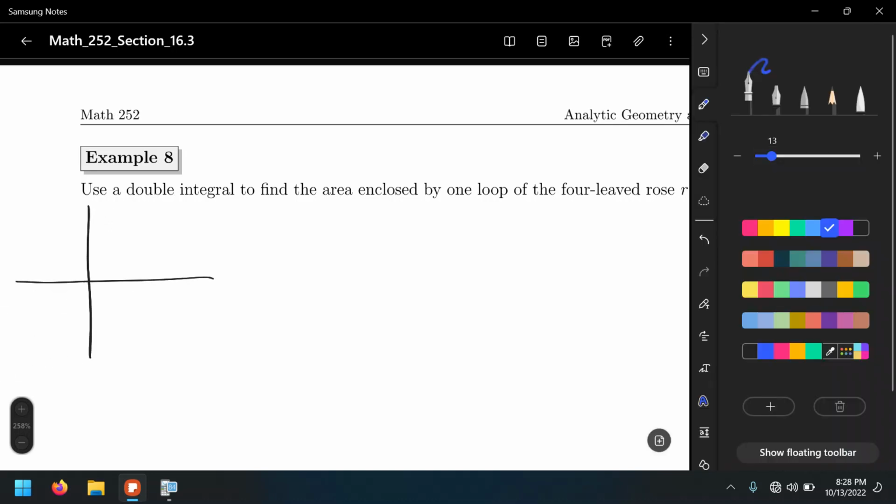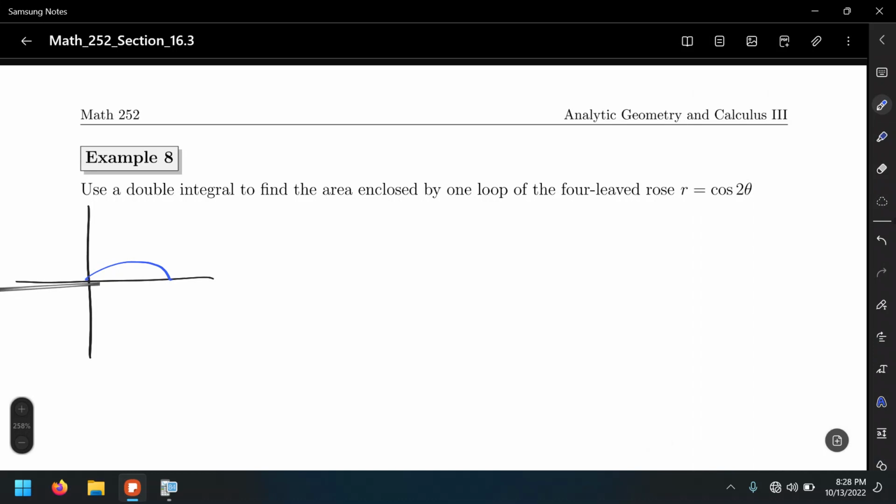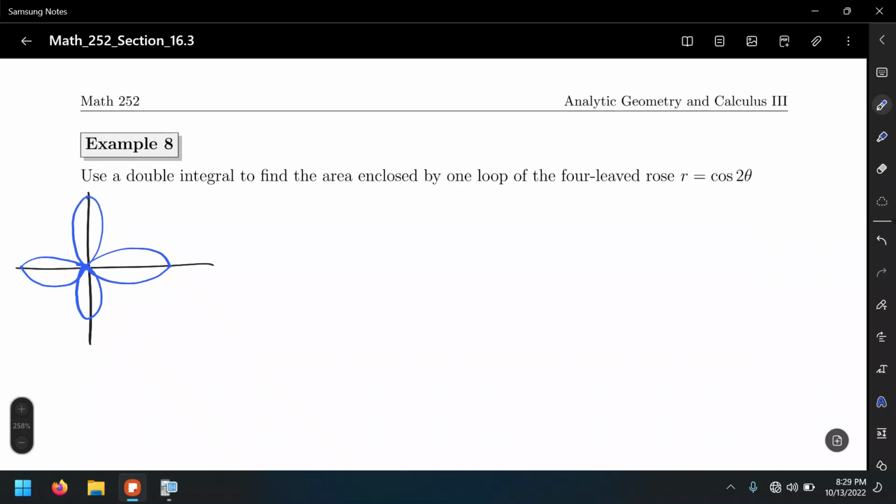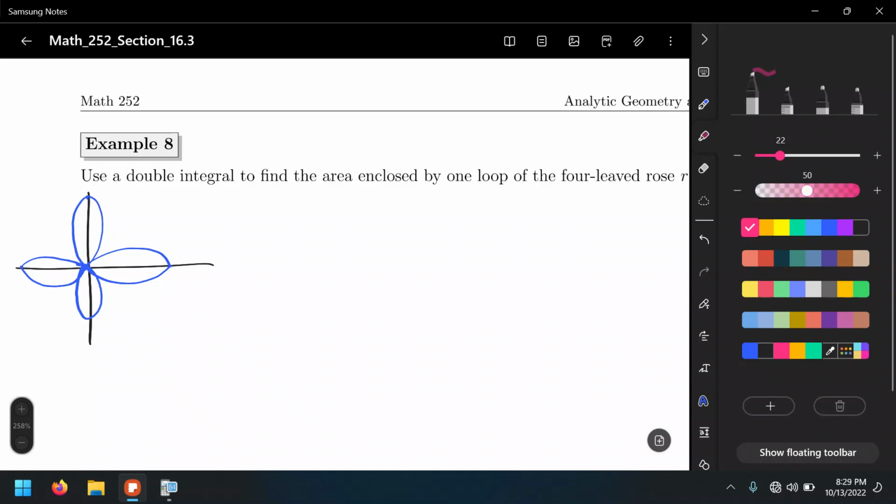Okay, so they want us to find the area under one single loop.